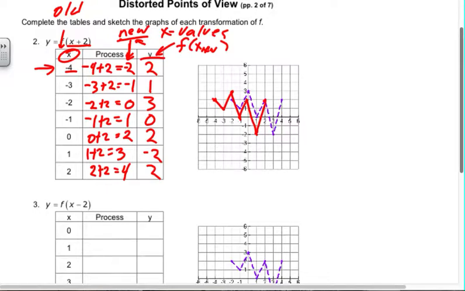So if you take a look at it, this point on my parent corresponds to this point. And all I've done is I have shifted this thing over 2 units. This point on my parent corresponds to this point. So what I have done is translated 2 units to the left.